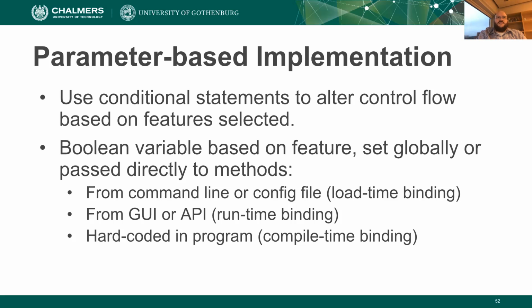Different parameter assignments then lead to many different versions, different configurations of a program when it's executed rather than at compile time. This is load or runtime based. Now, there's a lot of ways you can set configuration parameters. In general, we'd expect a Boolean parameter per feature, either set globally or at some appropriate level of scoping so that the program understands what the localized feature selection is. Often you use command line parameters or configuration files that are read in at startup, and then the values are stored as global variables, which can be referred to.